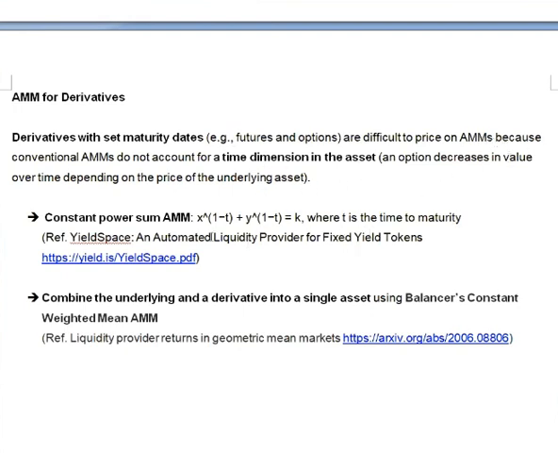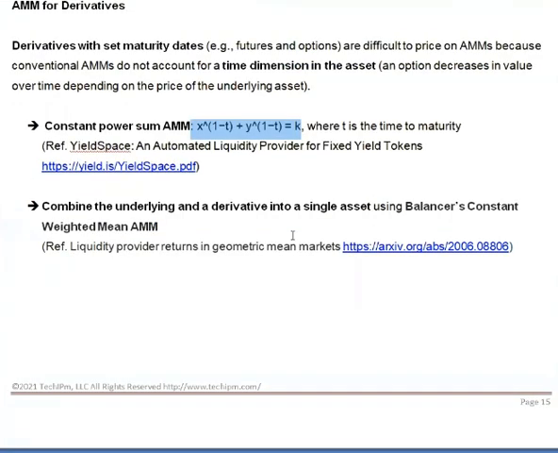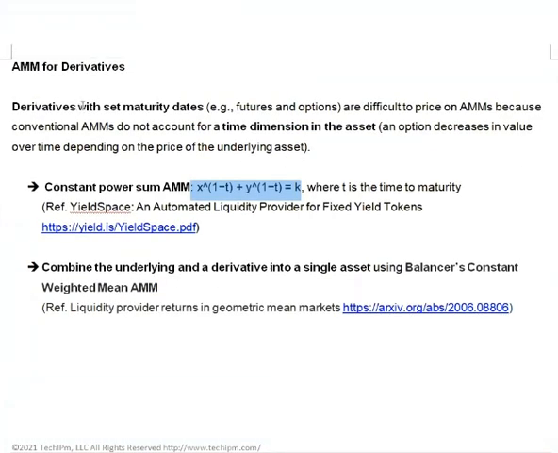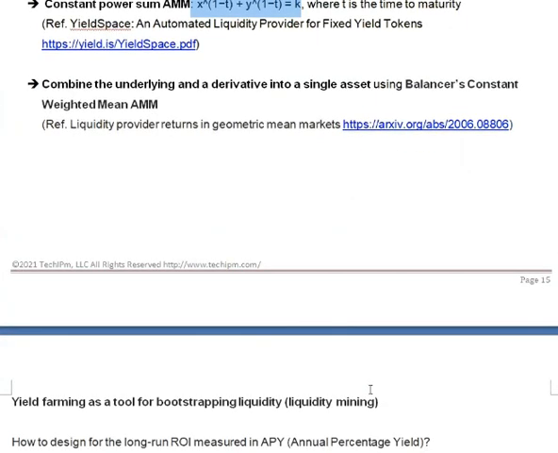One way is to put time in your AMM curve, or to combine two assets, because all derivatives have underlying assets. Derivative means value derived from your underlying asset. So you can combine them and handle them in a constant-product way, like an AMM. This is an advanced topic, but it's worthwhile to understand.